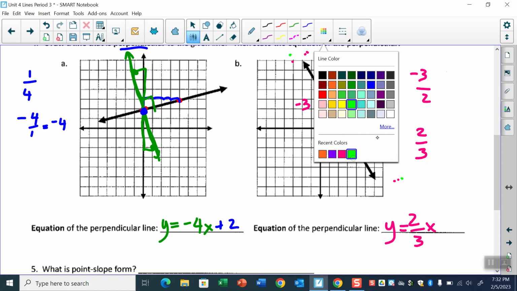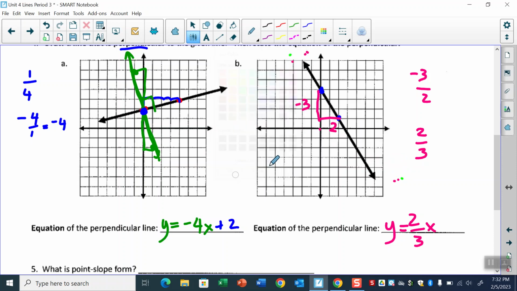Here is my origin, and then I'm going to go up 2 and over 1, 2, 3, and make a point. Up 2 and over 1, 2, 3. Down 2, 1, 2, 3.